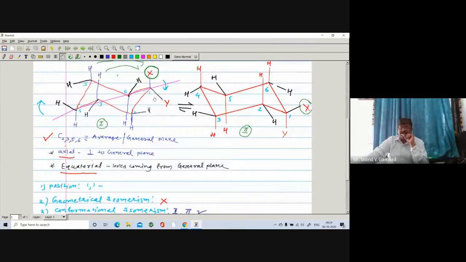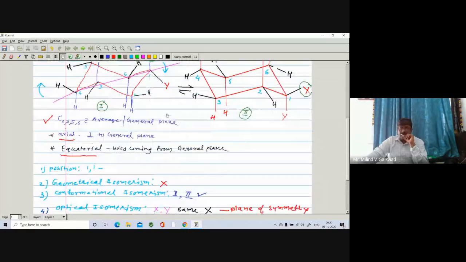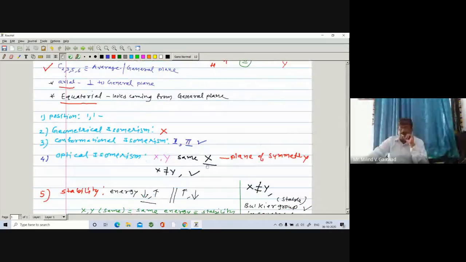It divides the molecule into two equal halves, so it has a plane of symmetry, and it is optically inactive. If x and y are not the same, it does not show any elements of symmetry, which means it is an optically active compound.